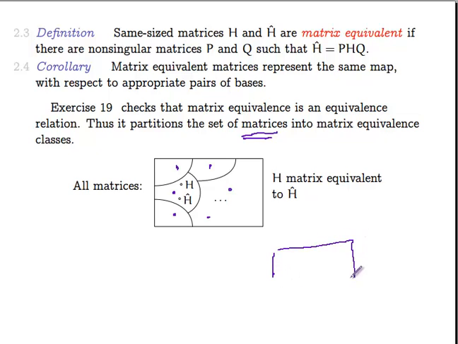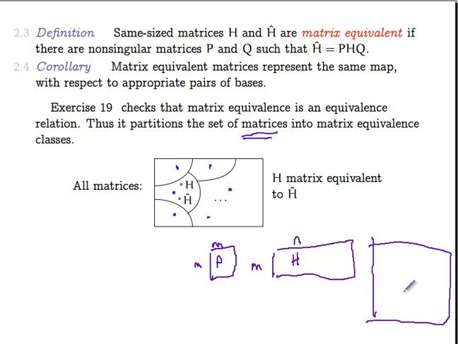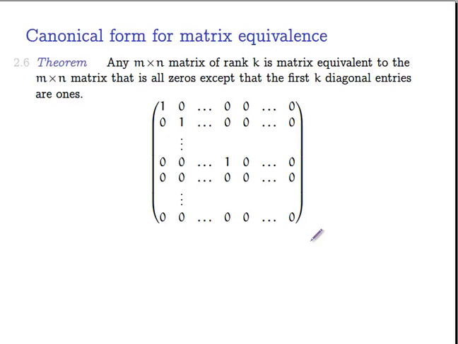If H is m by n, then P would have to be m by m, and Q would have to be n by n. So P and Q are not necessarily the same size, but the dimensions of P and Q must be compatible with the dimensions of H.